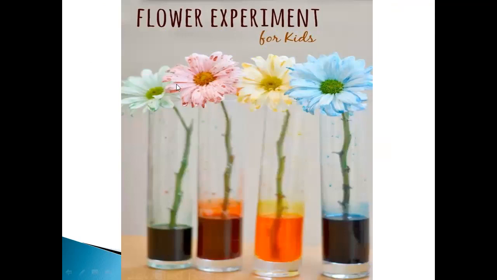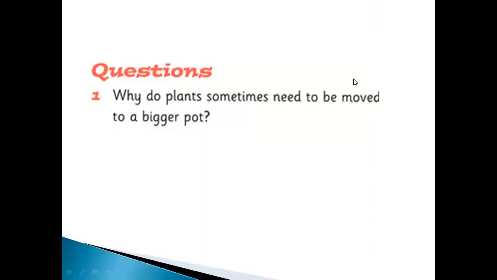These are all white flowers, but now after water absorption, they have changed.